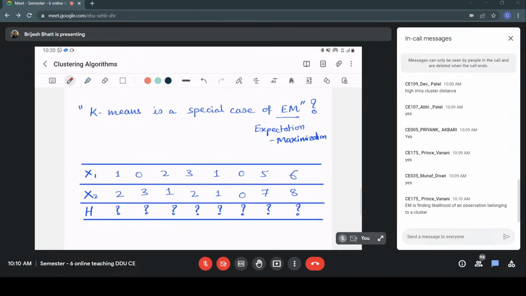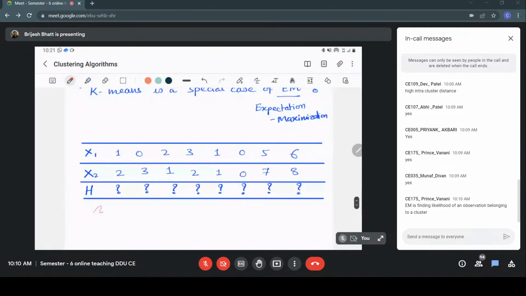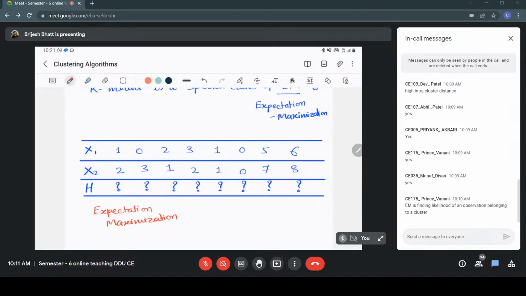So let's say these are the data points x1, x2, and h. H is our hidden variable for which we do not know the value. What we do in EM is we iterate between two steps.